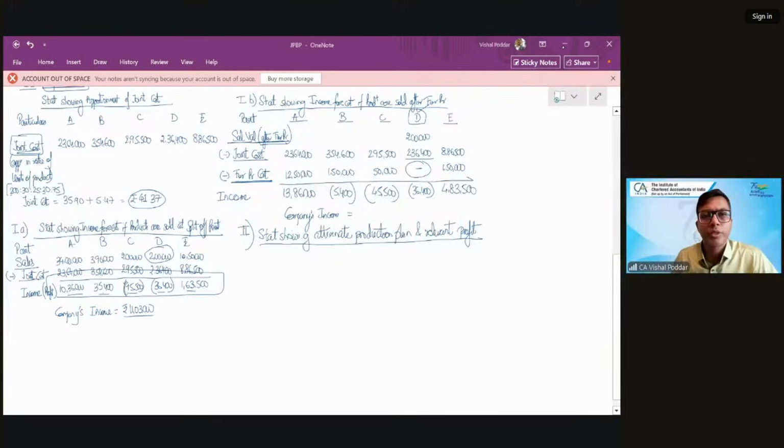Kindly check, students. Medha, I did not get the figures that you have given.